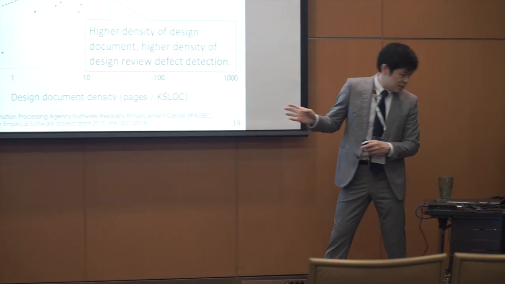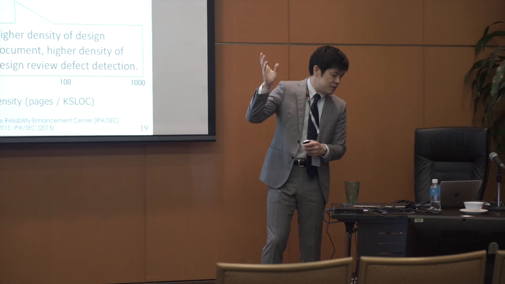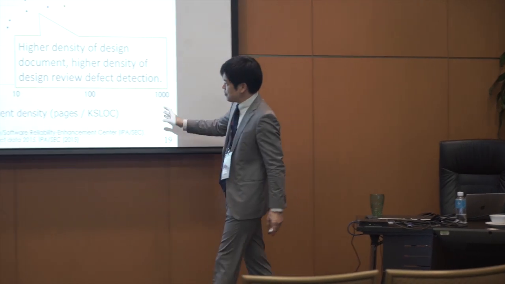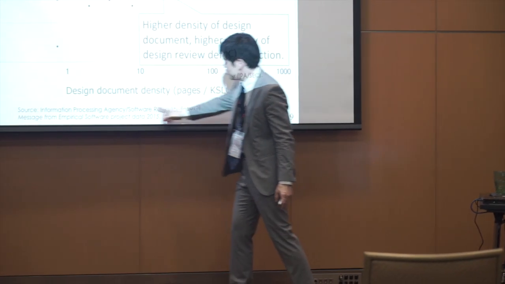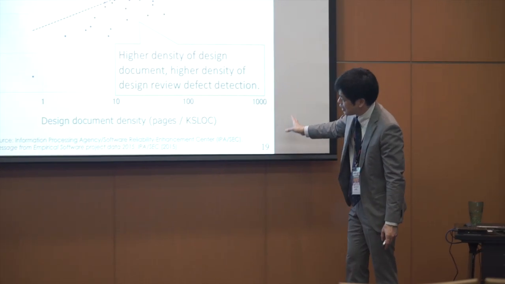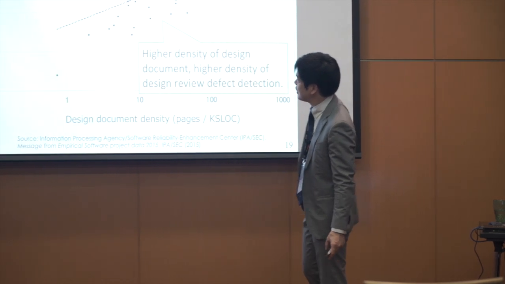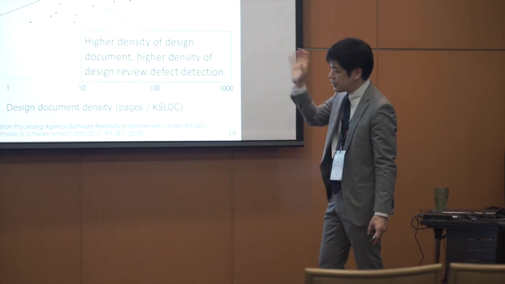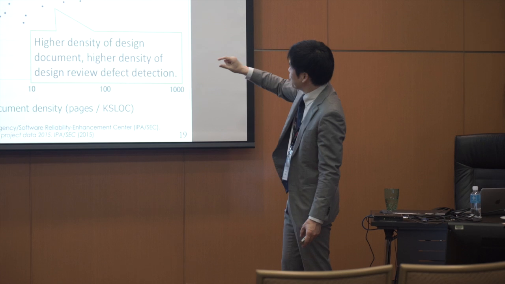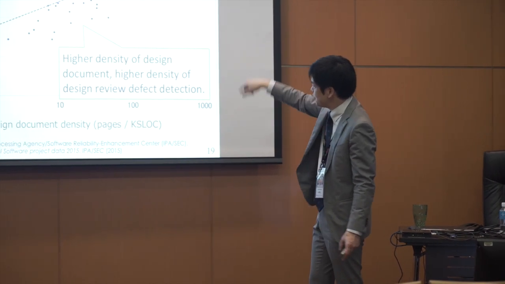This is the final chart about the review. When I take design document density on the x-axis and design review defect density on the y-axis, and take a logarithm, there's a positive relationship between these two metrics.